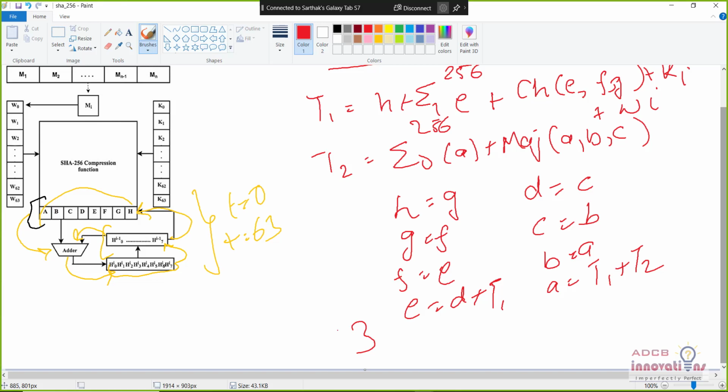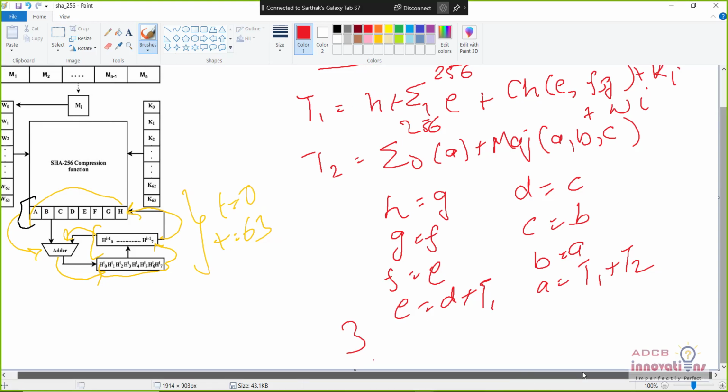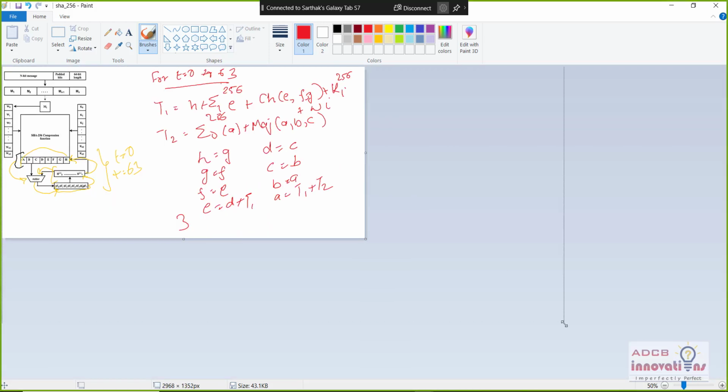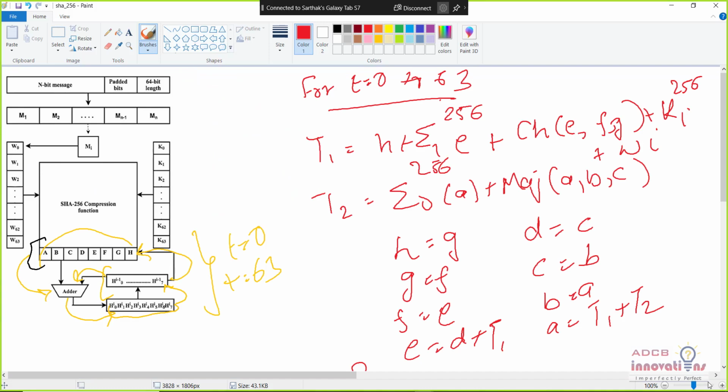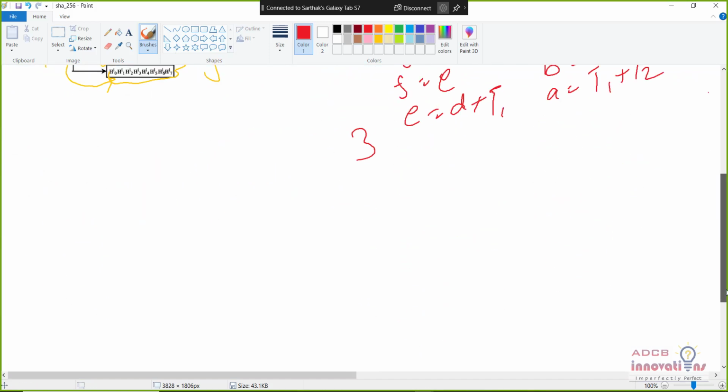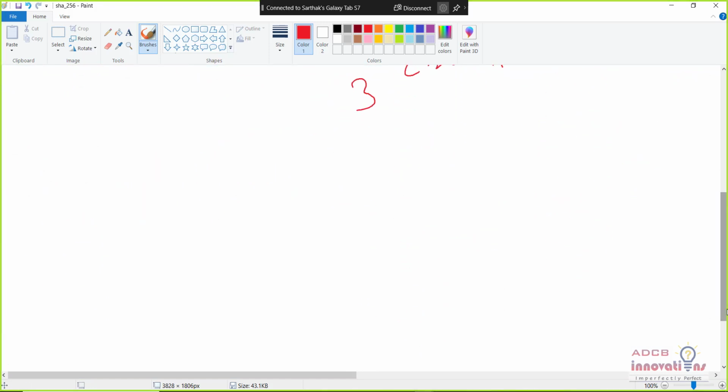And now finally, after doing that, the h values we will have are like this. Let me just increase the size of this paint. Yeah, so finally, as we can see, we have h0(i) equal to a plus h0(i-1).